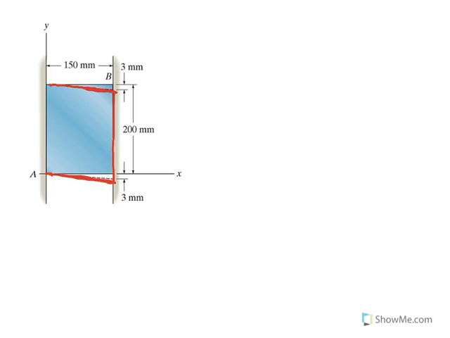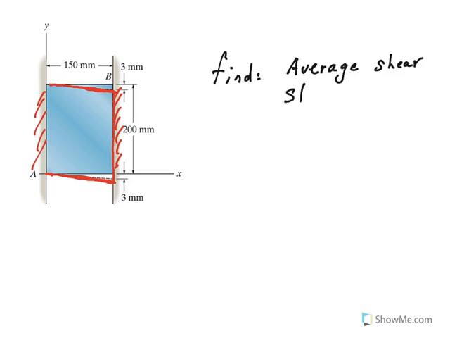You see that this side and this side are kind of fixed, so they cannot rotate. This is a very easy problem to do. Our objective, by the way, is to find gamma, the average shear strain, so gamma xy, or gamma xy average, if you want to call it that.